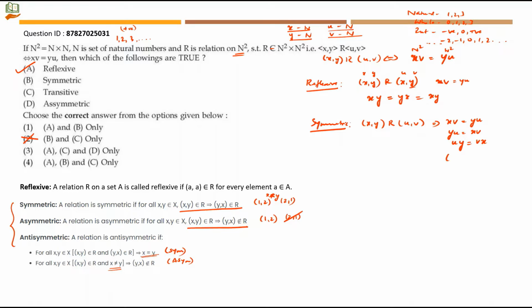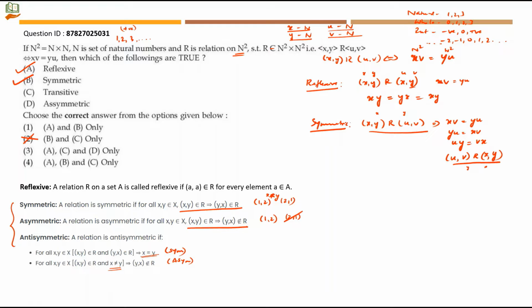Instead of x I have u, instead of y I have v, relation, instead of v I have y, instead of u I have x. So this (x, y) is equal to (y, x), which says that the symmetric property is also true.